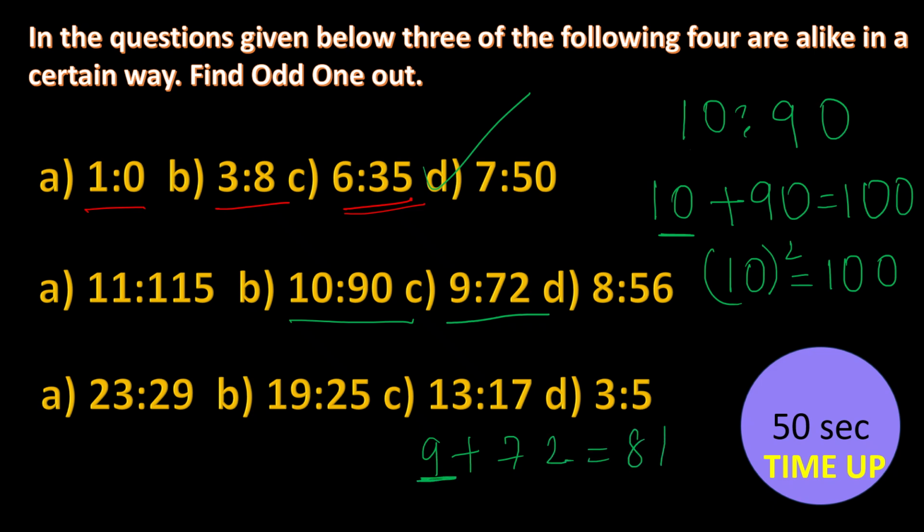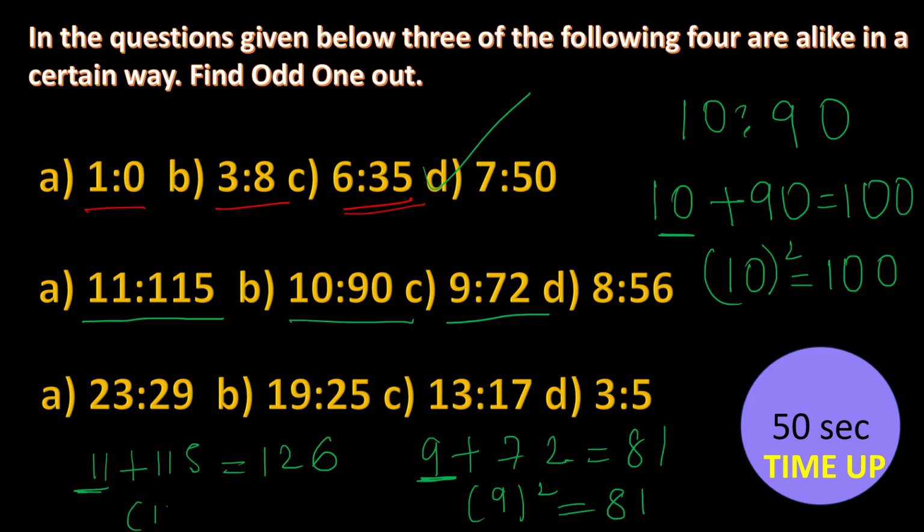So this digit square, if you take 9 square, it will be 81. Now check for 11 is to 115. 11 plus 115 will give you 126. So first digit square we will take, 11 square. 11 square is 121, but here it is 126. So this becomes odd one out.